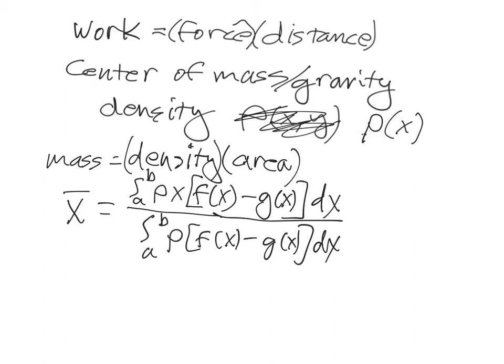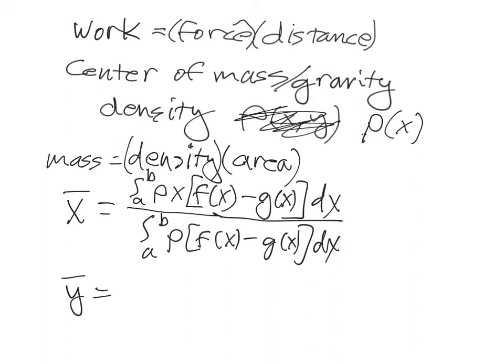The numerator talks about the moment. The denominator is basically your mass, which you can limit, if it's constant density, to the area between those two curves.